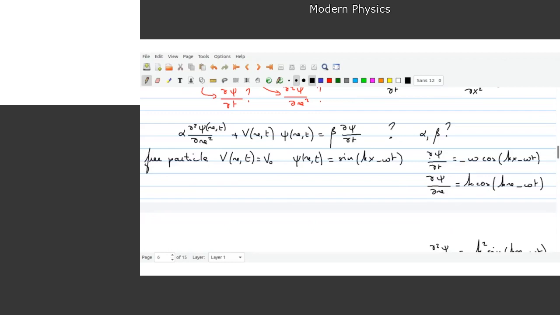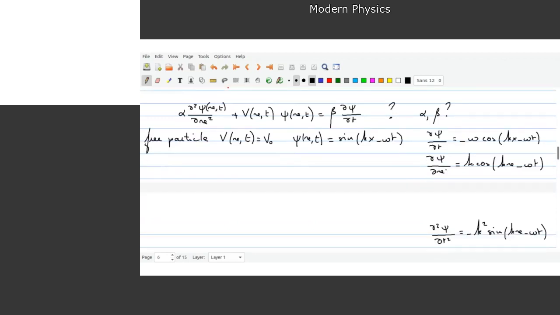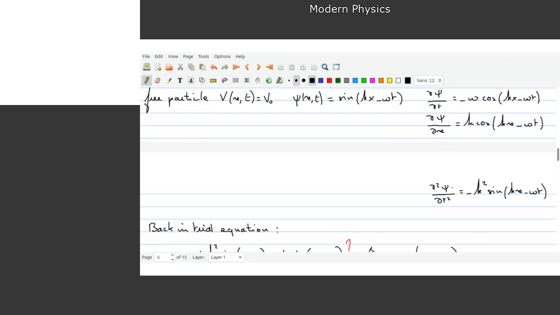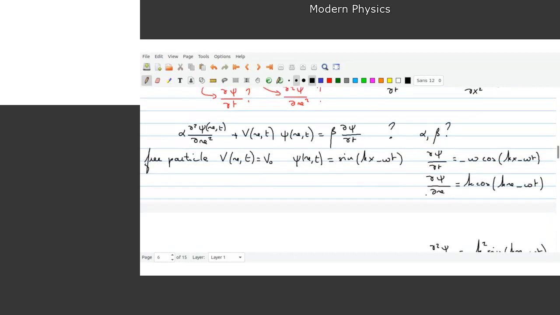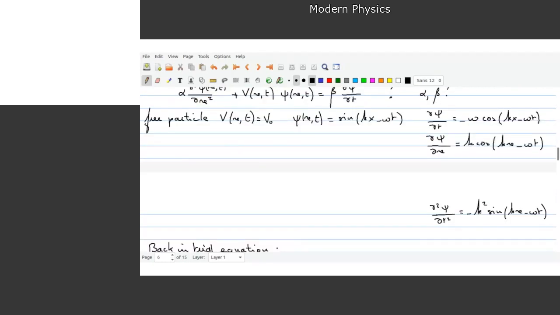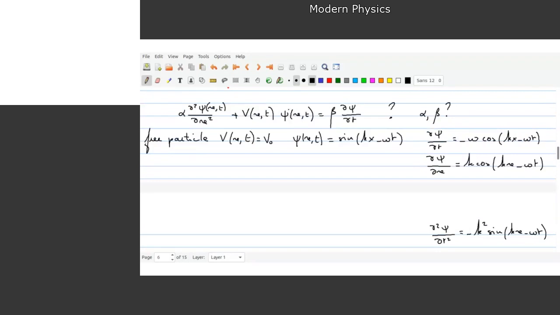Okay, so I derive once with time, and I will have this expression. I derive once with position and twice with position, and I put it back in my trial equation here. So I will have alpha times this second derivative plus V times this function equal to beta times this derivative.